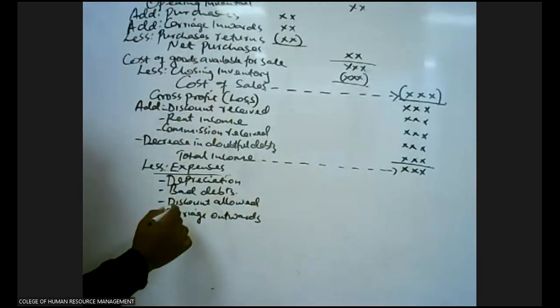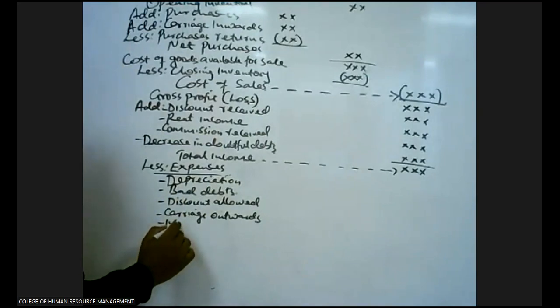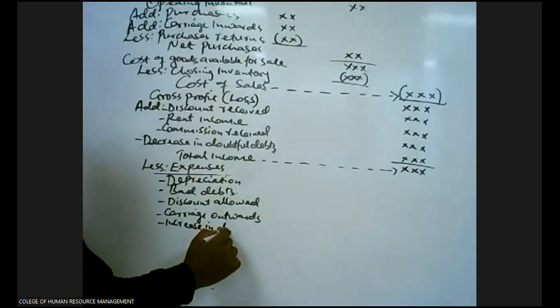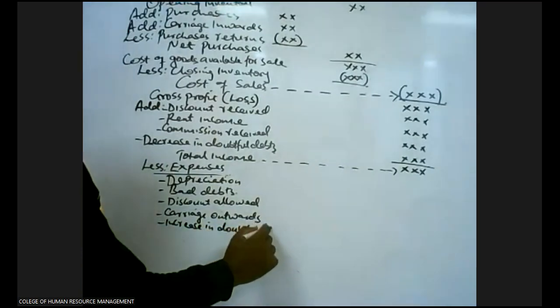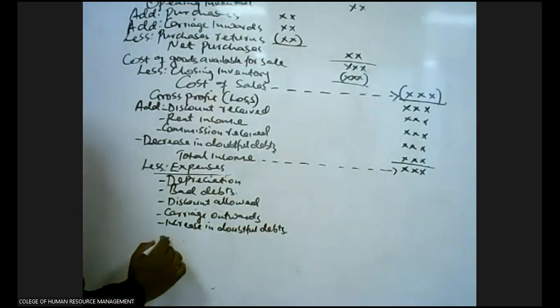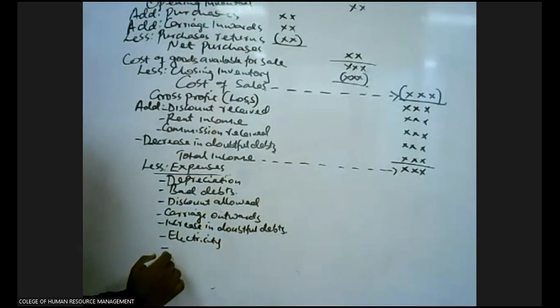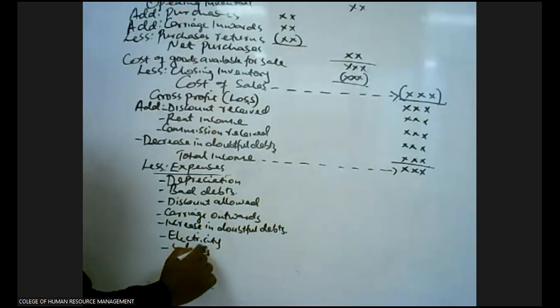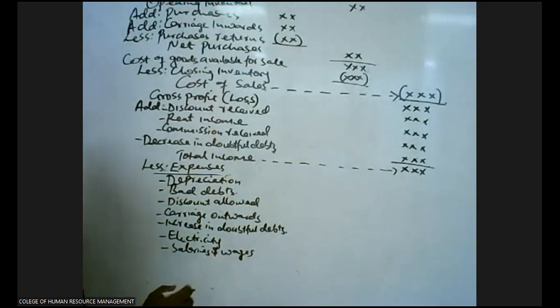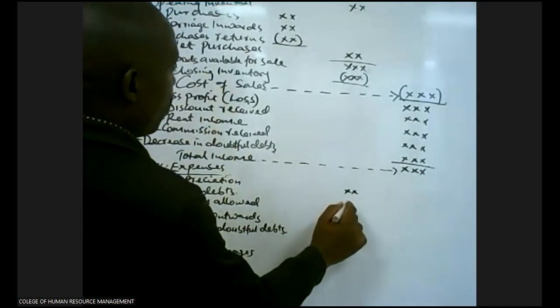Then we also have the others that we know, the increase in doubtful debts. We also have things like electricity, rates and revenues, insurance, repairs, rent expense. All those are expenses. So we come and put the values here.